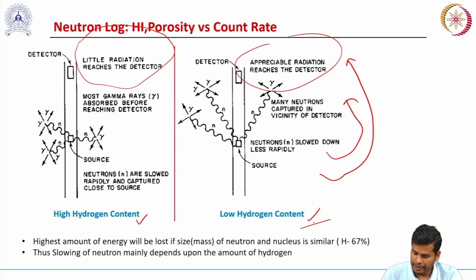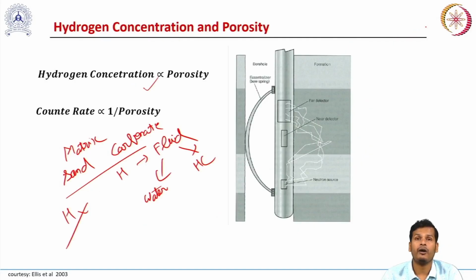When we have low hydrogen concentration, we get high count rate. So we can also write that count rate is inversely proportional to porosity. If I have high porosity, that means high hydrogen concentration, and that means a low count rate at the detector. This way the count rate is related to the porosity of the formation.